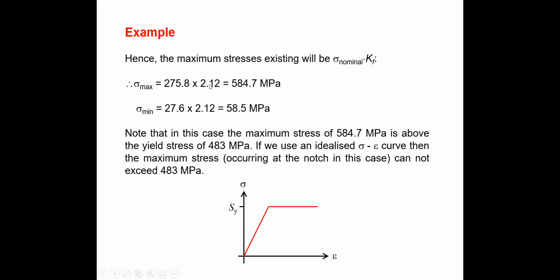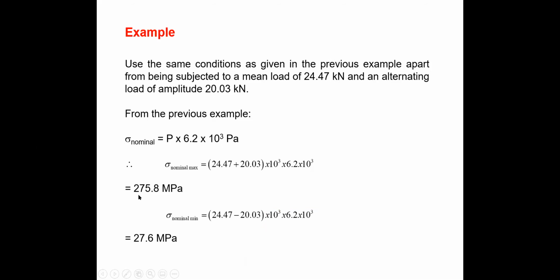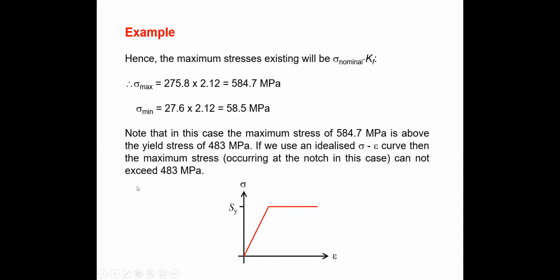Kf will not change with the applied load. Then you will get the maximum and minimum stress around the stress raiser. You can see that even though the local area stress is lower than the yield strength, the maximum stress around the stress raiser is higher than the yield stress.